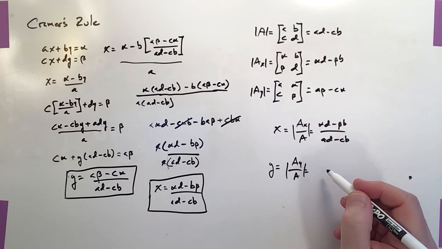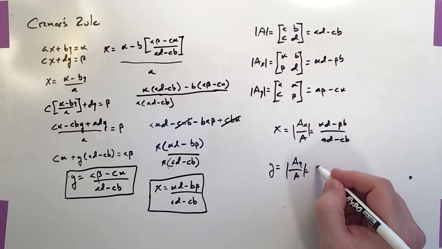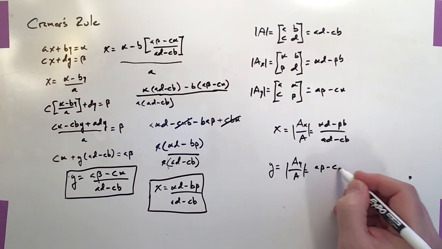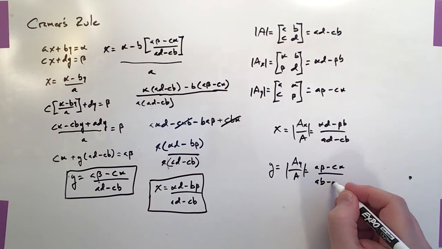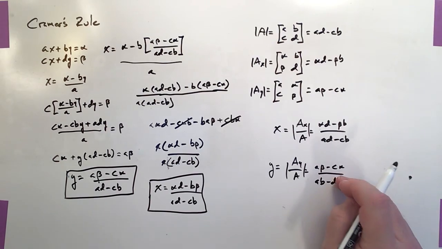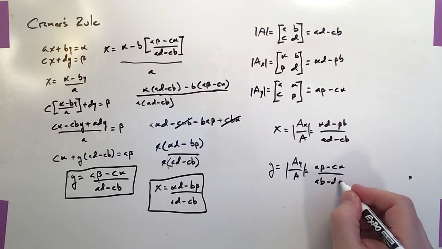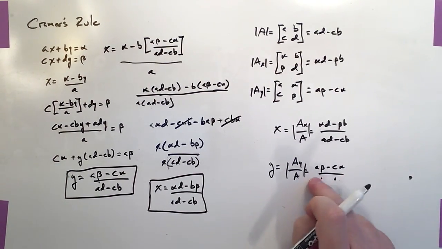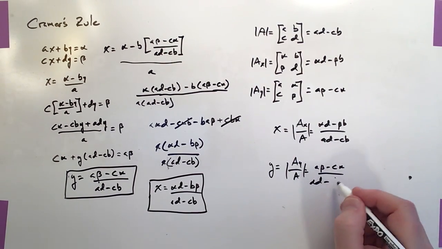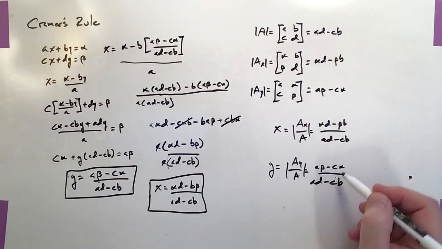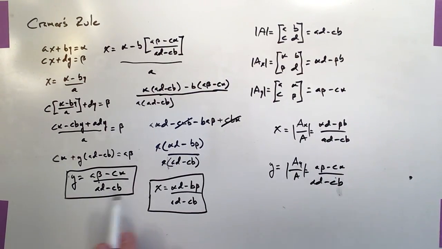And that, of course, is going to be A beta minus C alpha divided by AD minus CB. And you can see that's the same solution we got over here.